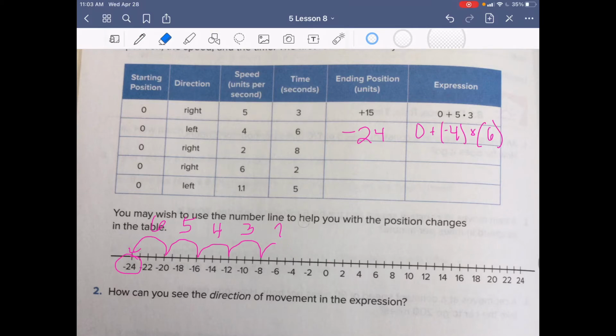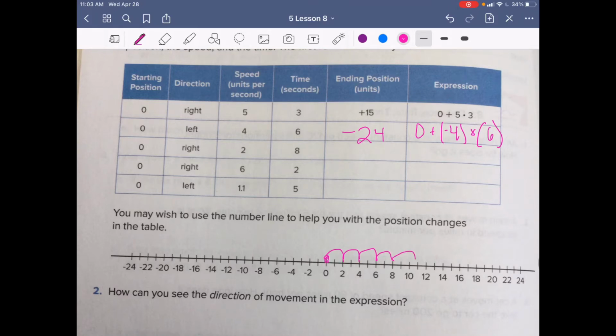Let's look at the next one. So we're going, again, starting at 0. Here's my starting point. We're going to go right 2 units per second 8 times. So let's go 1, 2, 3, 4, 5.